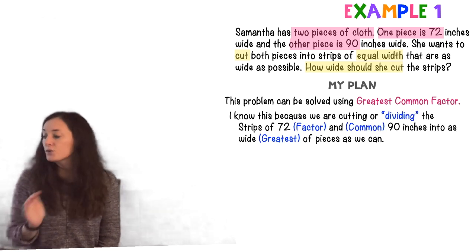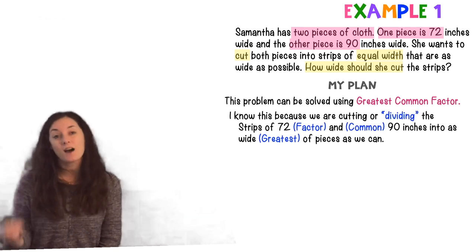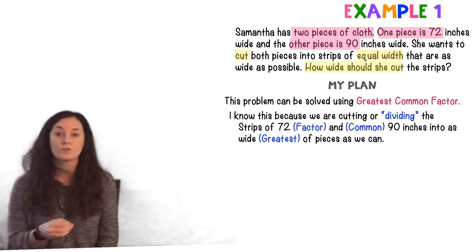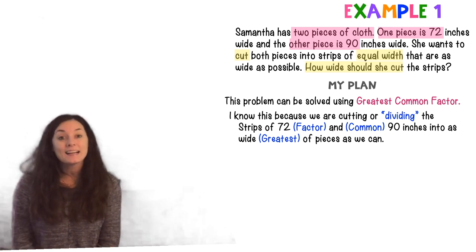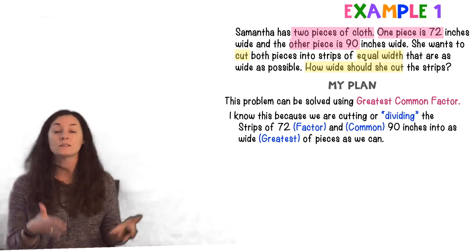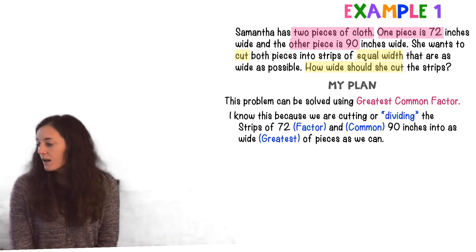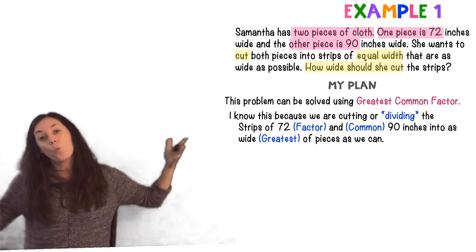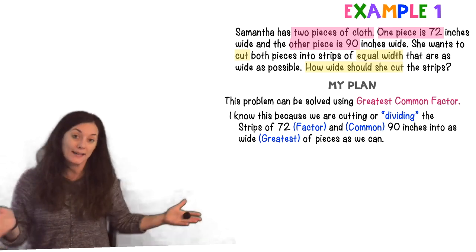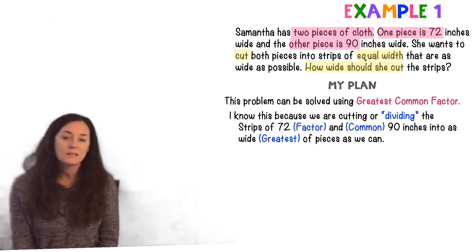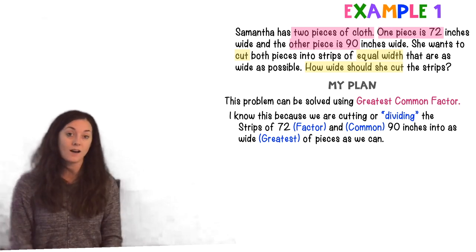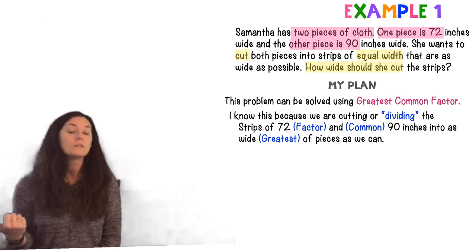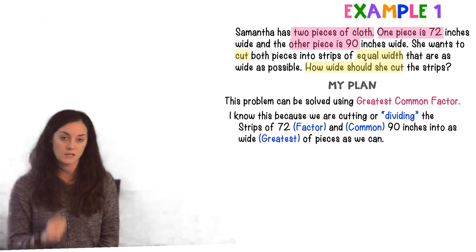I know this because I'm cutting or dividing up the strips of 72 inches, there's a factor, and there's that word common, 90, into as wide means greatest, pieces of fabric that I can. So I've got it all in there. I've got greatest, wide, common, and factor of 72 and 90.